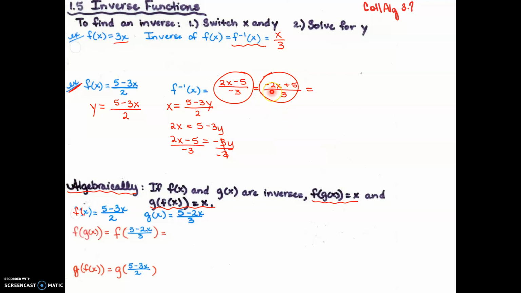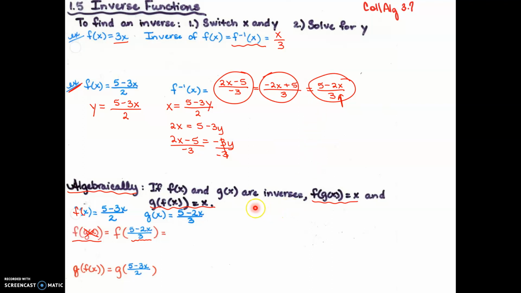A lot of times you'll see them, they don't like to leave the leading coefficient negative, so they would reverse the order of that numerator. So the main thing is, if you're in a multiple choice setting and you come up with this as the answer and this is listed as the answer, I don't want you to think you've done something wrong. So we want to be sure we can recognize it in various forms. So any way we write it, that is our inverse.